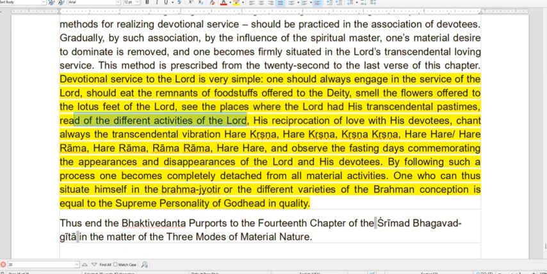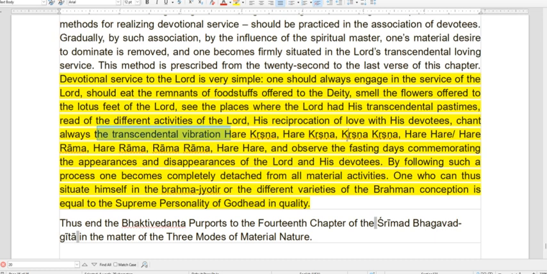Read the different activities of the Lord in Srimad Bhagavatam and other scriptures where the activities of the Lord are described. Our innate desire to read is transcended from the three modes, right? When we connect it with the Lord and his reciprocation of love with the devotees, we read all this and chant the holy name, Hare Krishna, Krishna Krishna, Hare Hare, Hare Rama, Rama Rama, Hare Hare.